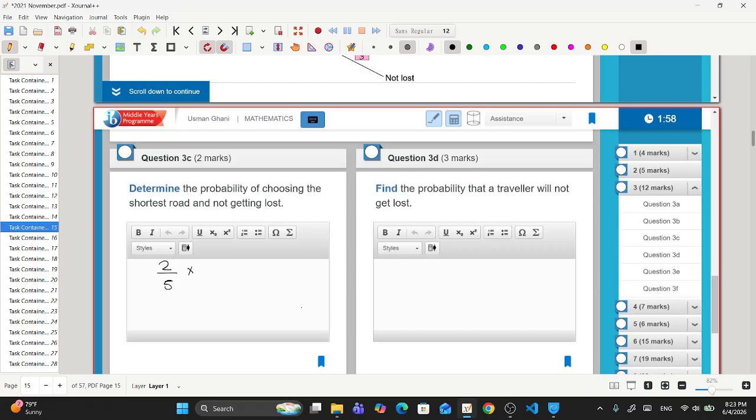And not being lost has a probability of 3 by 10, right? So this becomes 6 over 50, or simply 3 over 25. And since 3 over 25 is a non-recurring decimal, you can also write it as 0.12. Both of these answers would be acceptable.